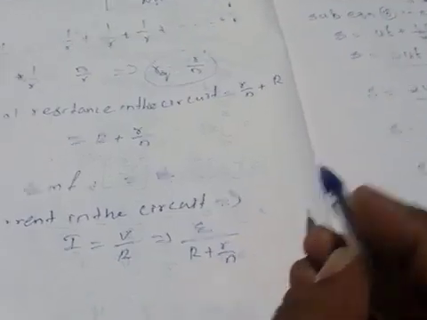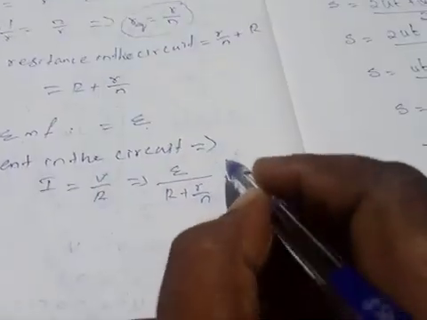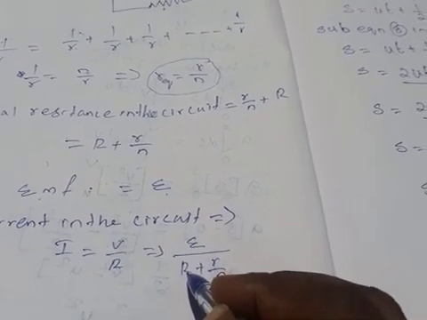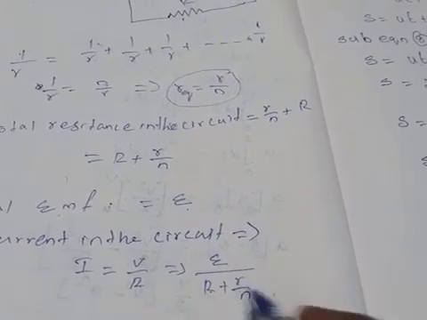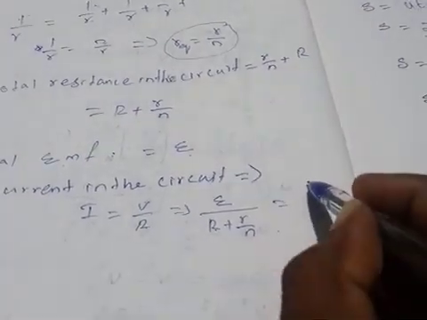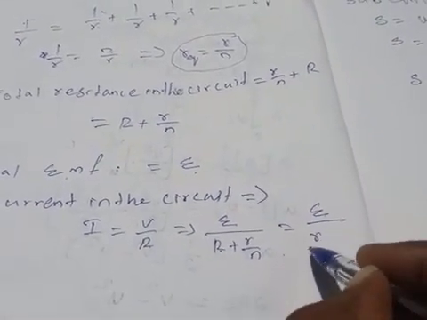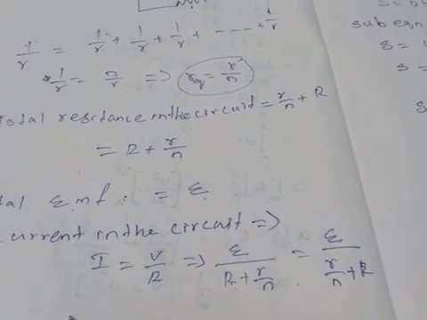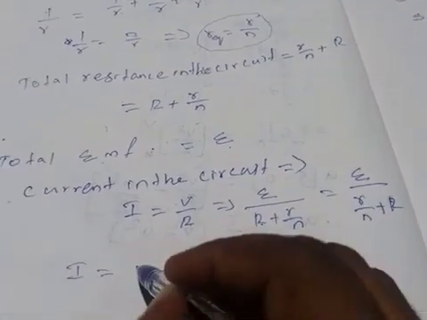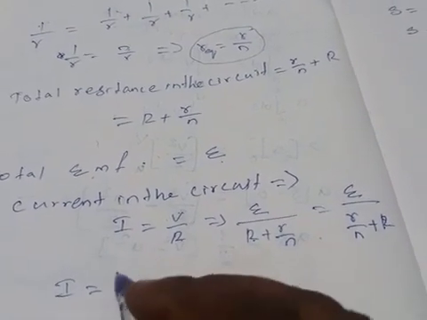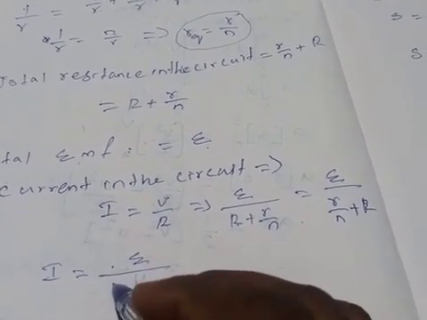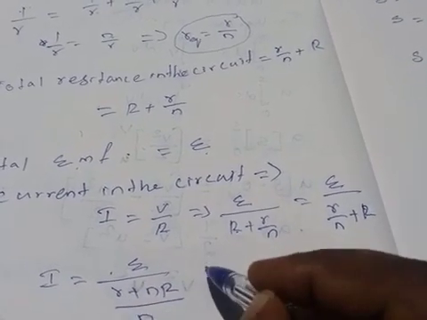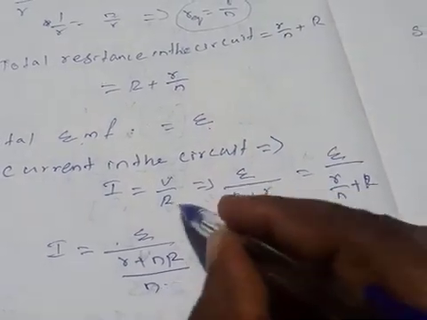So you can write this, taking the LCM of N here: I is equal to epsilon divided by R plus NR, divided by N. This N will go upside.